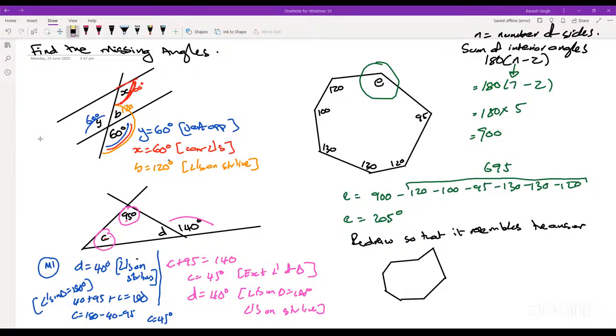There we go. Now that angle over there will be e. That would be the redraw. We could say a sketch, if it's not too accurate. And all the other angles would be as is. Now it's a reflex angle, and that's what it should be based on the fact that it's 205 degrees.